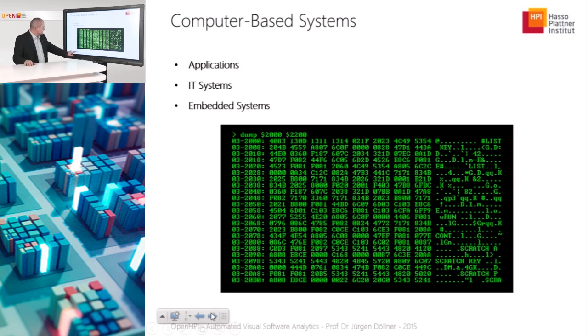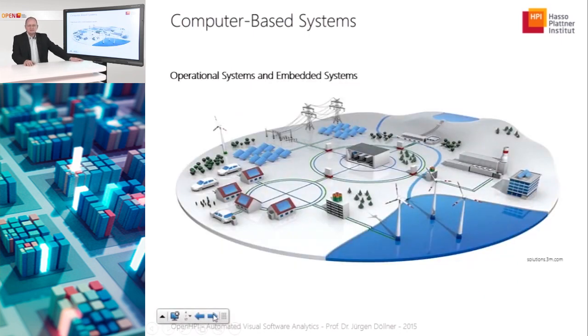However, systems evolve. Nowadays, computer-based systems are everywhere. For example, they are built into operational systems by means of embedded systems. In the fields of energy, transportation, logistics, or infrastructure network management, software definitely plays an essential and crucial role.